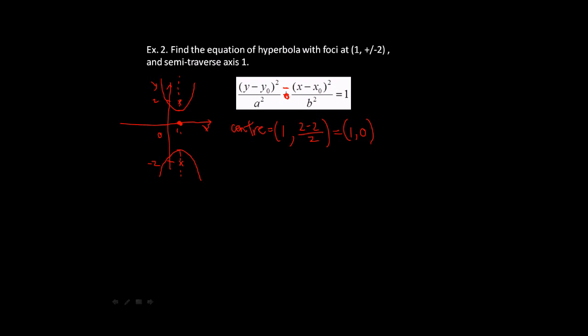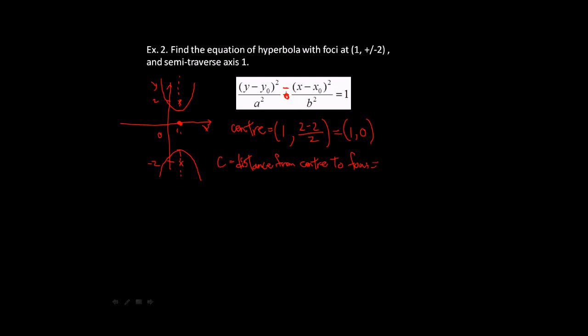Now the next thing is we want to try to find C. Okay, C. So once again, what is C? C is the distance from the center to one of the foci points.